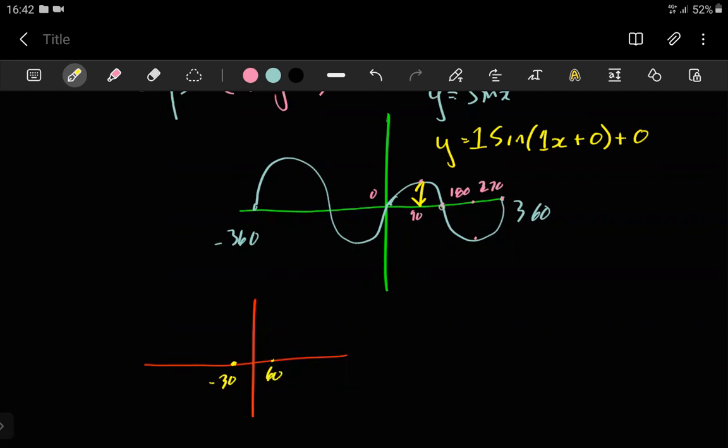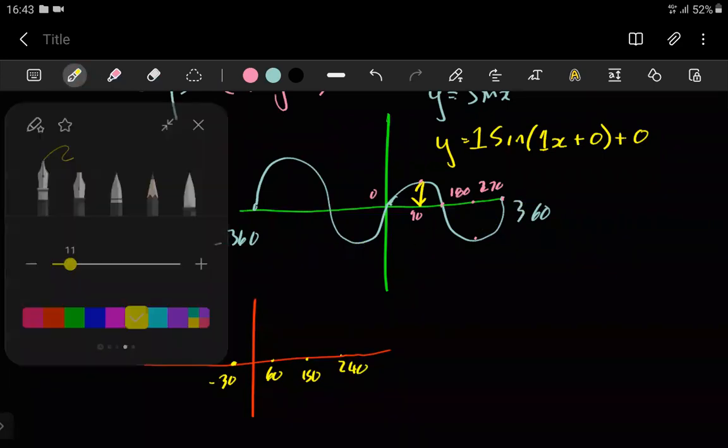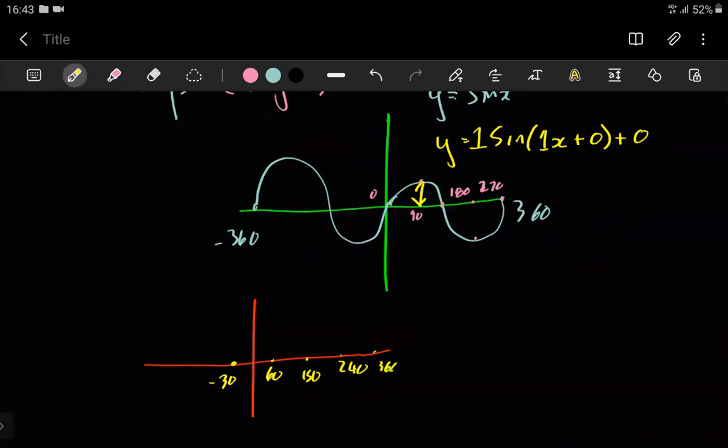Instead of cutting the x-axis at 180, it would be cutting somewhere at 150. Instead of turning at 270, it would be turning at 240. And then instead of having a full graph at 360, we would have a full graph at 330, somewhere there, you see.